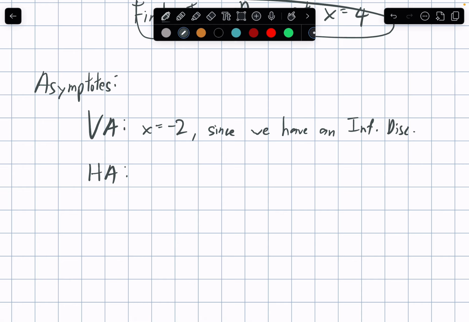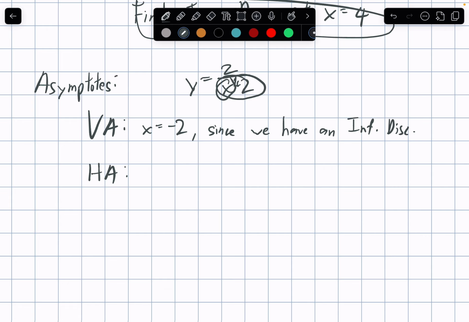So in the function y is equal to 2 over x plus 2, this is the simplified one, by the way, the one where we factored and we cancelled. Since the degree of the denominator, the term that has the highest degree, is raised to 1, while the numerator is just raised to 0 because it's a constant. Essentially, the denominator's degree is greater than that of the numerator.